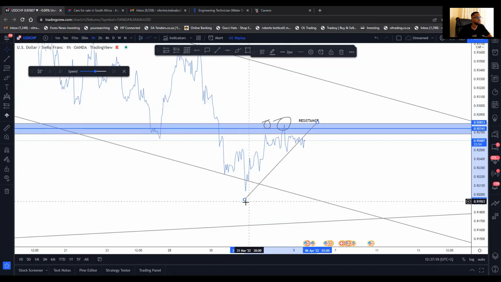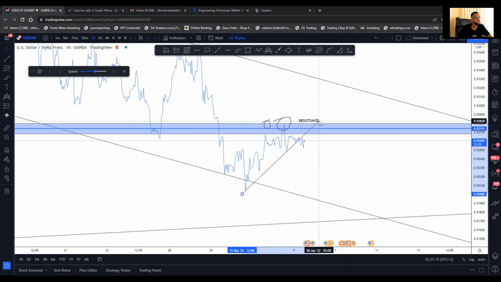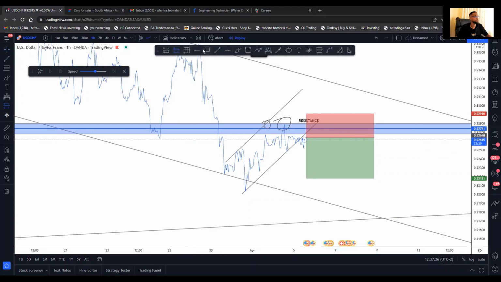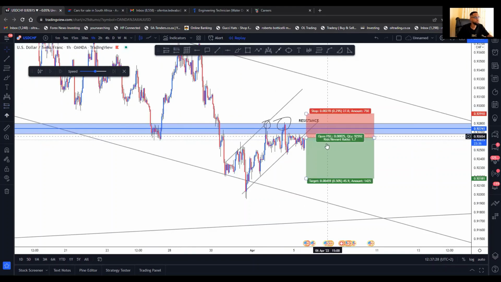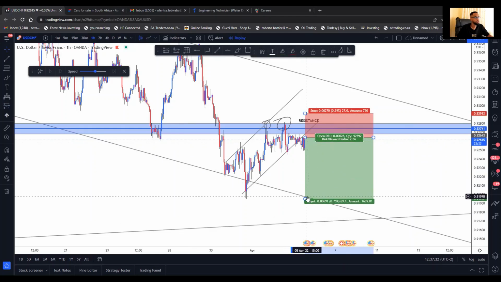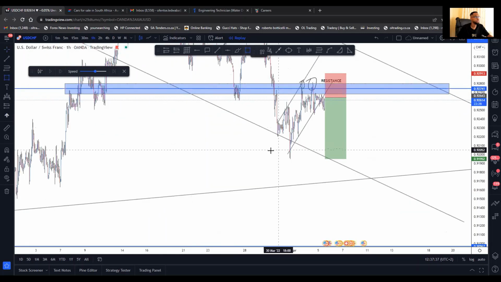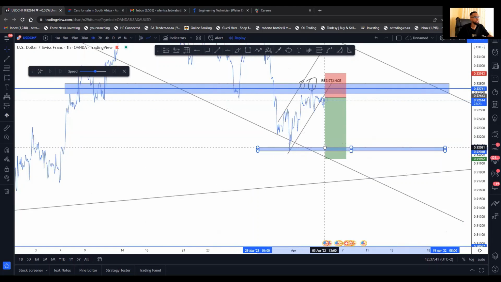You can use a line chart. So you can see we broke, and now here is my reason to sell.